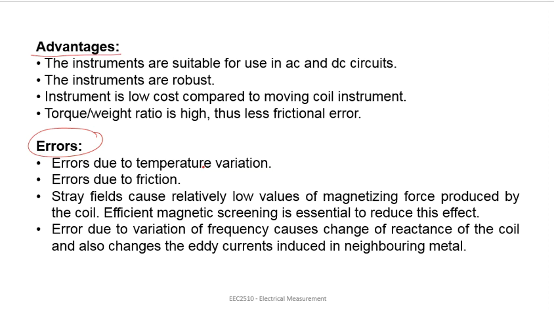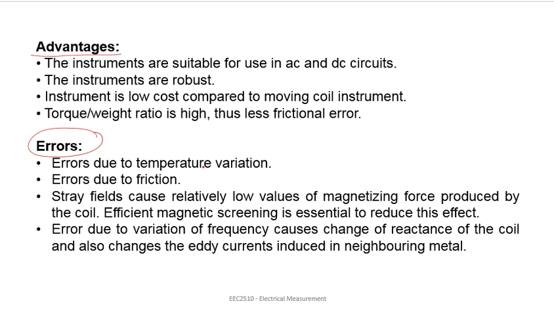The temperature of the coil may increase by maybe 10 or 20 degrees Celsius for a power consumption of 1 watt. Therefore the resistance increases, and it ultimately causes a decrease in the current for a given voltage, which results in a decreased deflection.